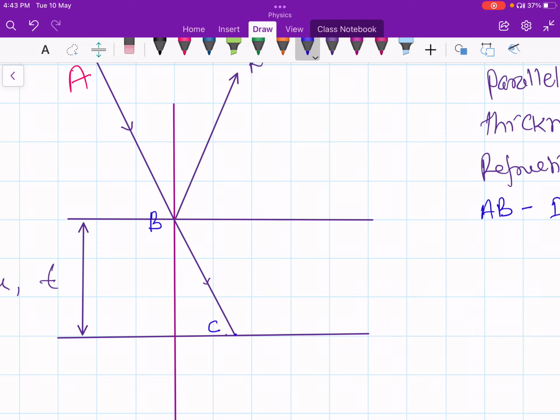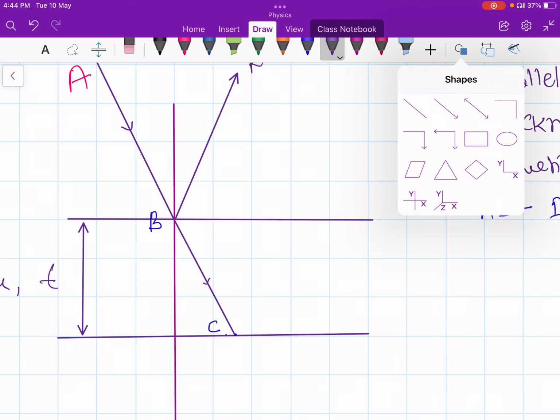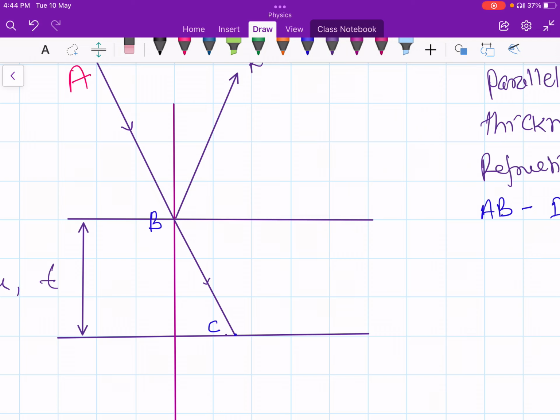Then at point C again, the ray BC is partially reflected and partially transmitted. However, we are studying interference in thin film due to reflected light. So at point C, I am not going to show the transmitted or refracted ray. I am showing only the reflected ray from point C. So it is reflected, let's say, along CD.